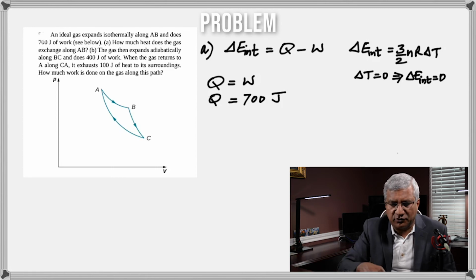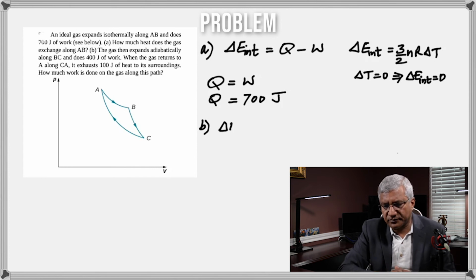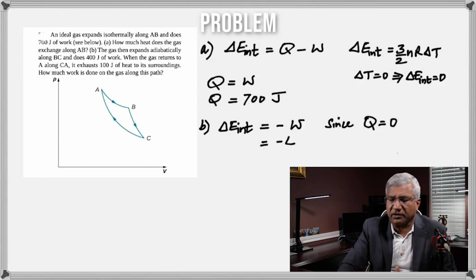That is during the process CA. So in total, it's lost 500 joules of its internal energy. All right, let's take a look at that. Change in internal energy is equal to the negative of the work. Why? In an adiabatic process, Q is 0, so no heat exchange is possible. Therefore, the change in internal energy is equal to negative work.